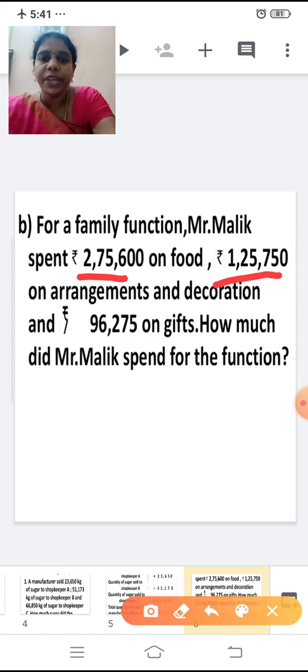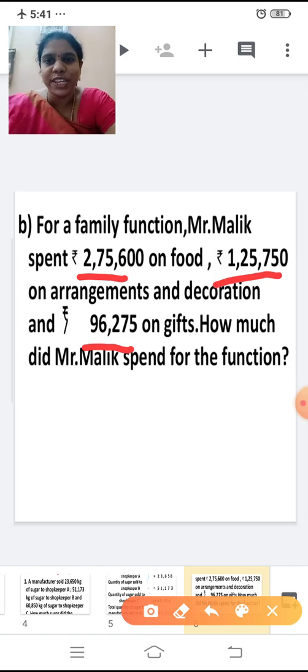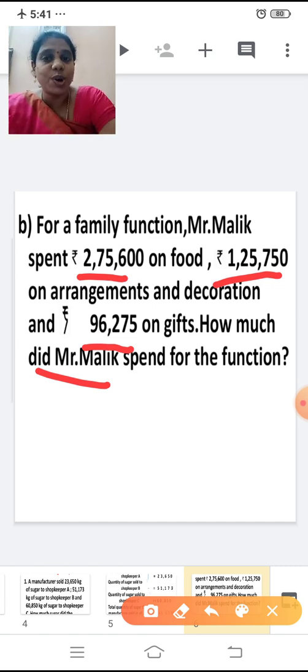Then for how much money he spent on gift? So some they will give gift, right? 96,275 for gift. Now what we are going to find out? How much did Mr. Malik spend for the function? Total money. So these three we are going to add, right? Total means we are going to add. Shall we?